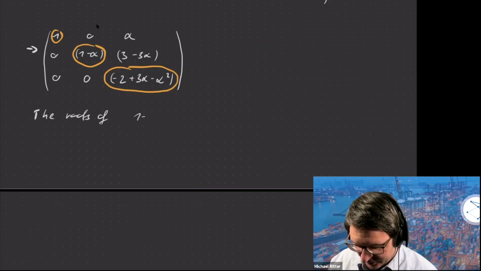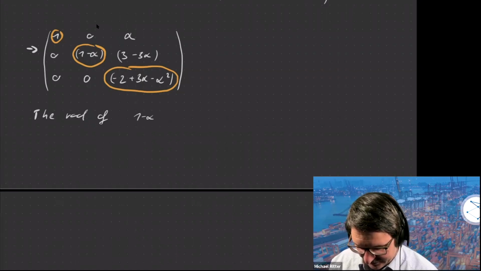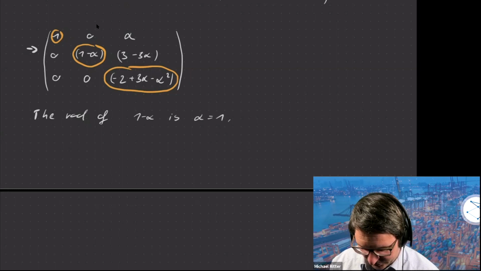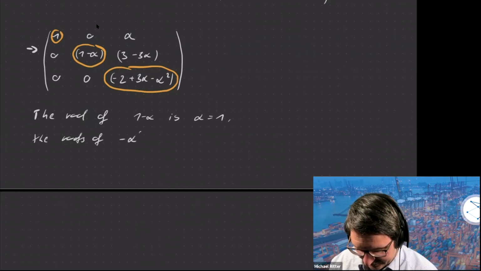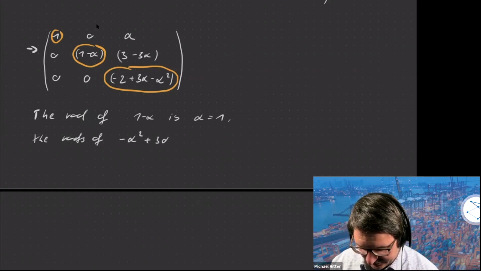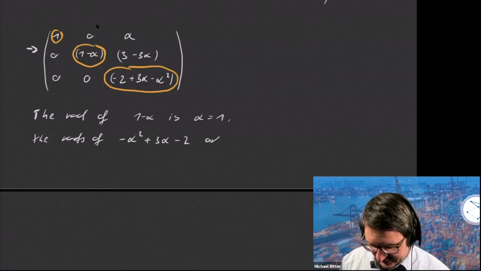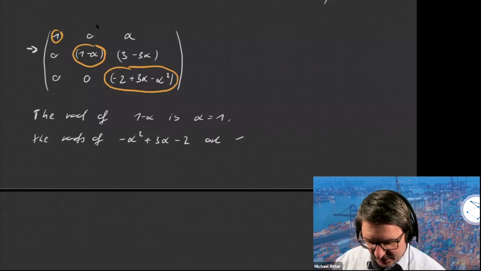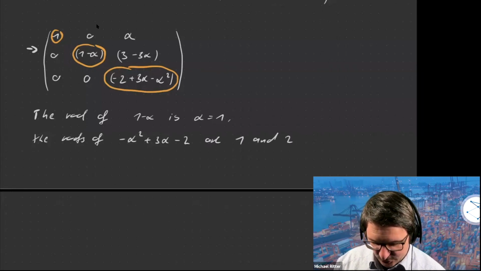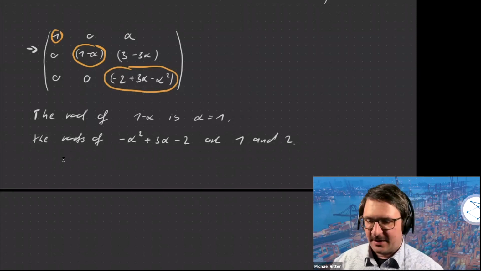So the root of 1 minus alpha is alpha equals 1. The roots of minus alpha squared plus 3 alpha minus 2, we just reordered that. If you compute those, you will find the results are 1 and 2. So again, the 1 and another one, which is 2.